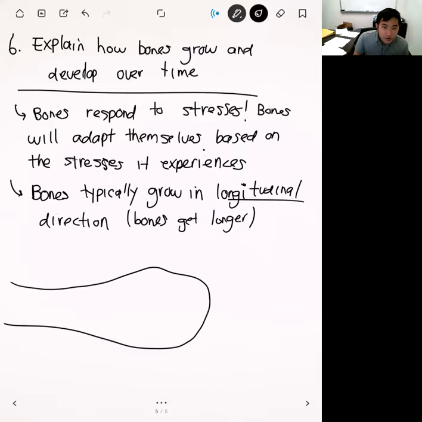If we have a typical long bone, at the end of your bone you have this section here called the epiphyseal disc. And this is where your bones are going to get long.